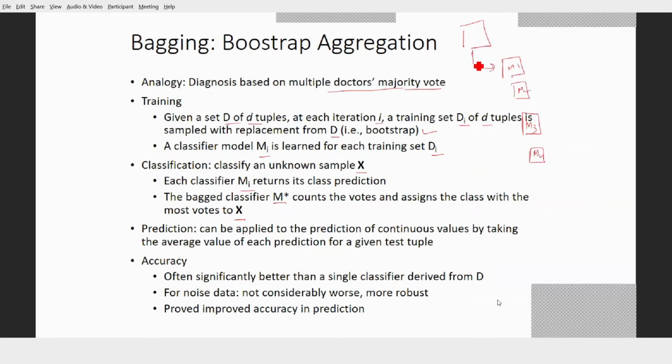So with replacement, we select the data set for training. Train them individually. For any new instance, we ask this trained model, this trained model, this trained model, and this trained model. And there is a new model here which is going to aggregate the results of all of them, which is known as M star, right?